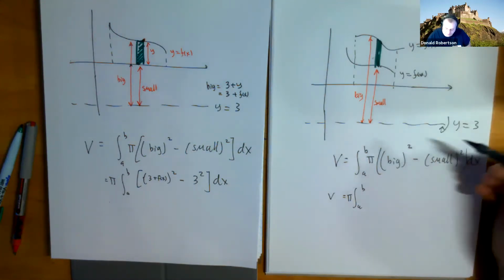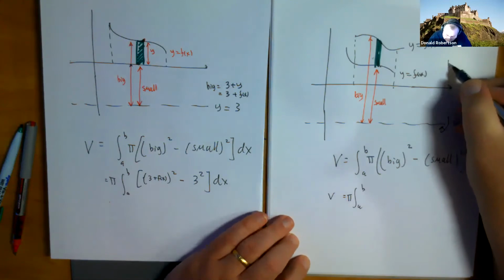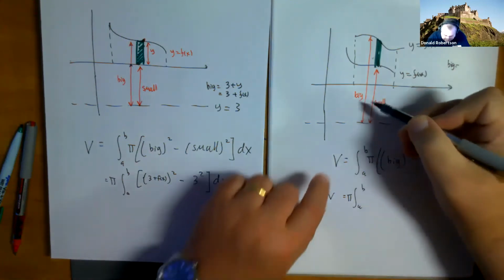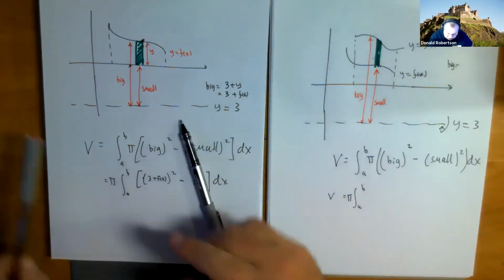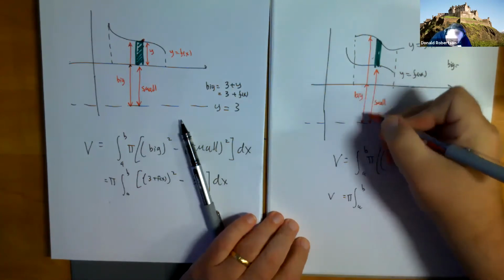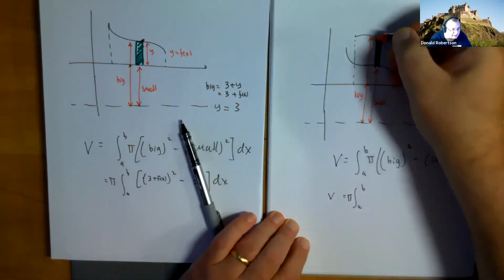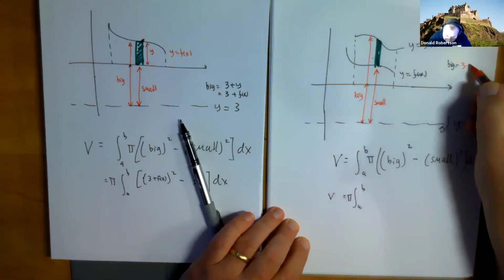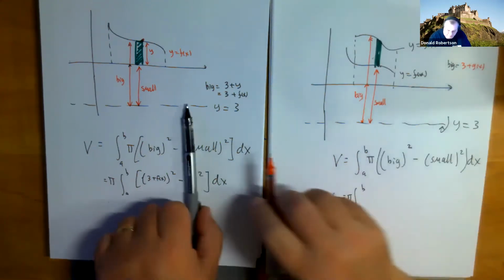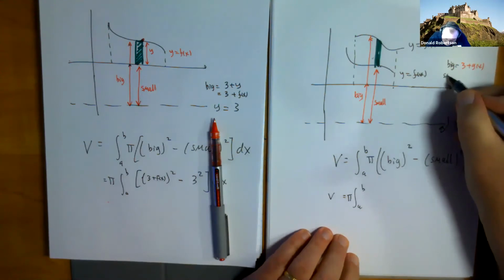So the big one, from here to here, is made up of two pieces: this distance, which is 3, plus the height. So this is going to be 3 plus g of x. The small one is very similar.